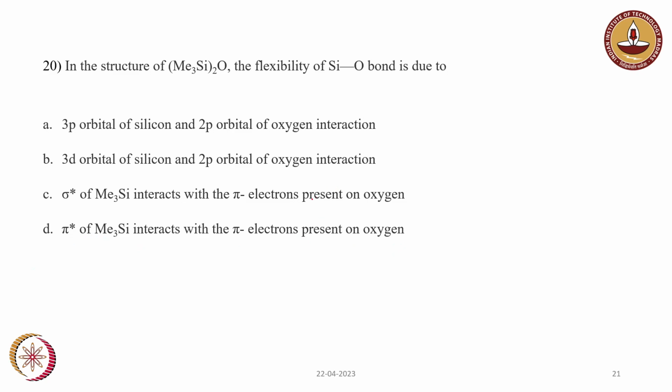So in (Me3Si)2O, the oxo-bridged organosilicon compounds have extensive delocalization of electron pairs over silicon empty orbitals, and sigma star of Me3Si interacts with the pi electrons of oxygen, and it's called negative hyperconjugation.